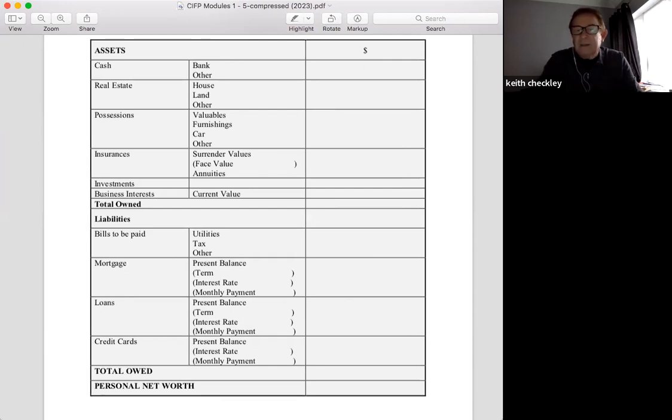And as we discussed, getting this type of information can be a little bit difficult, particularly when we come to the liability side. Quite often you'll find clients are quite forthcoming in the discussion with you in terms of what assets they have.